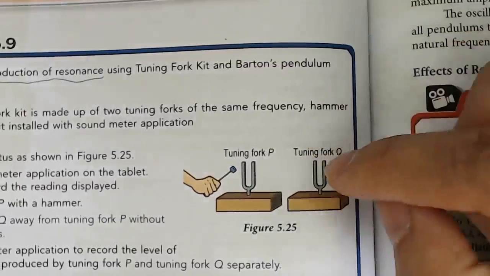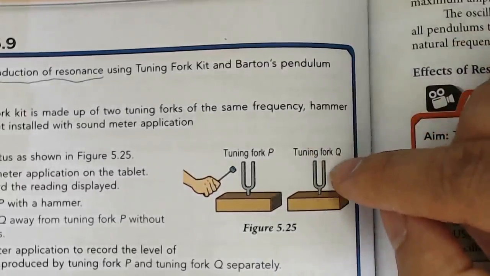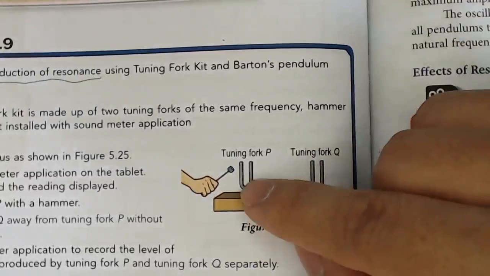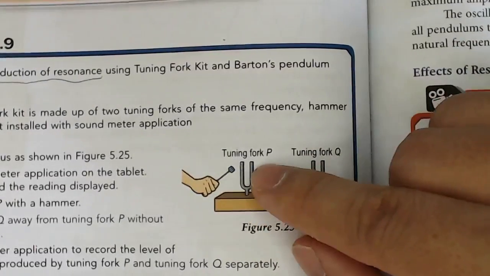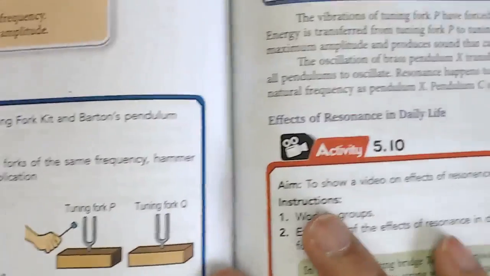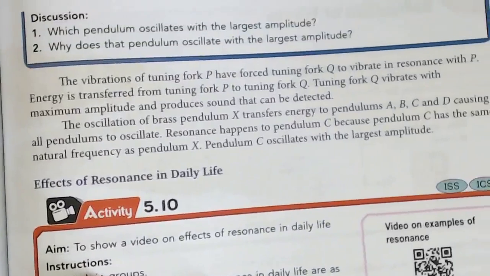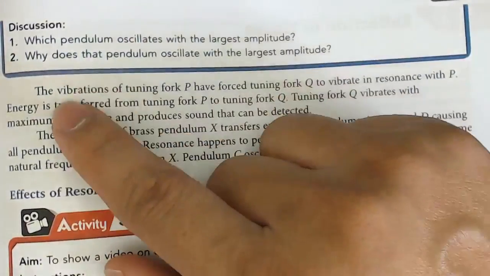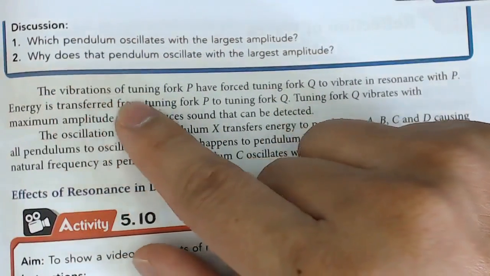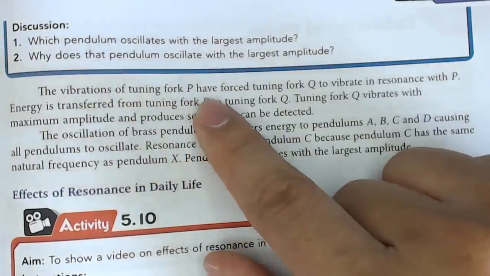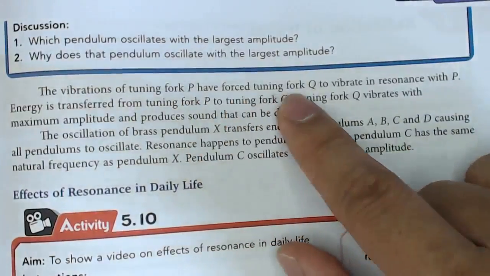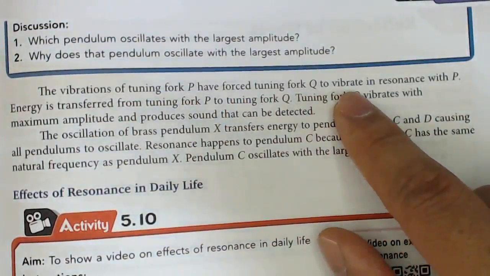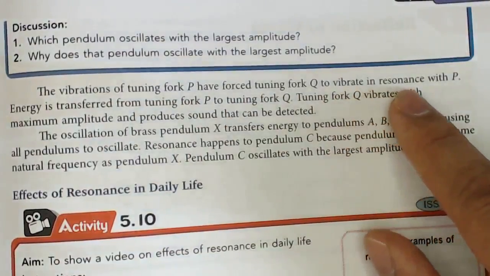This is why tuning fork Q is able to follow tuning fork P and oscillate with the highest amplitude that it can. The vibrations of tuning fork P have forced tuning fork Q to vibrate in resonance with P.